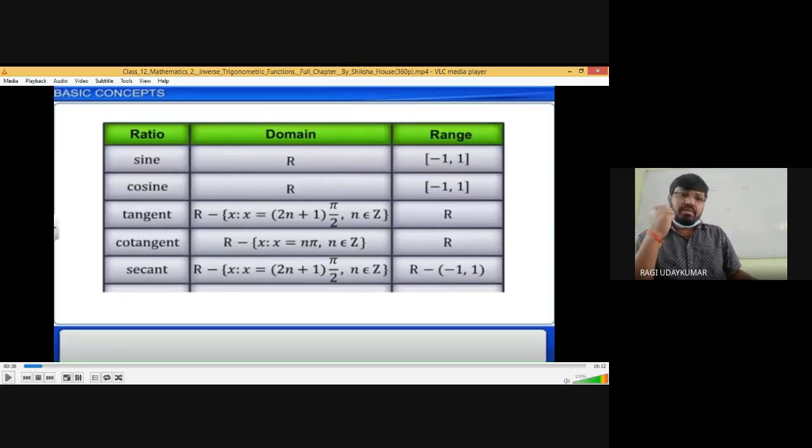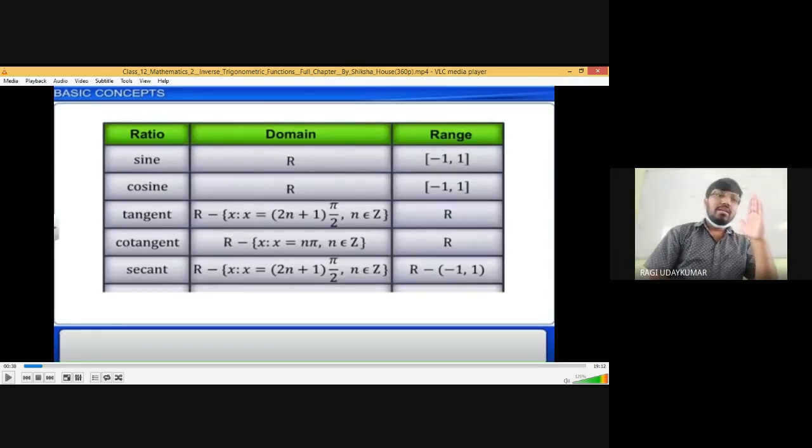Undefined. Tan pi by 2 is undefined. Tan 3 pi by 2 is also undefined. So it is undefined at pi by 2, 3 pi by 2, 5 pi by 2, all odd multiples.